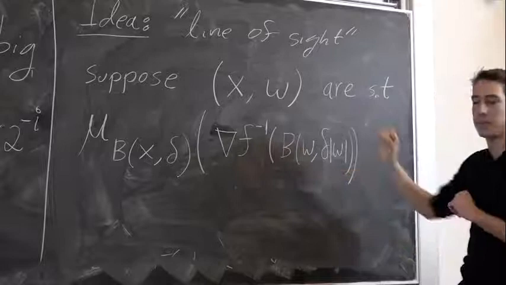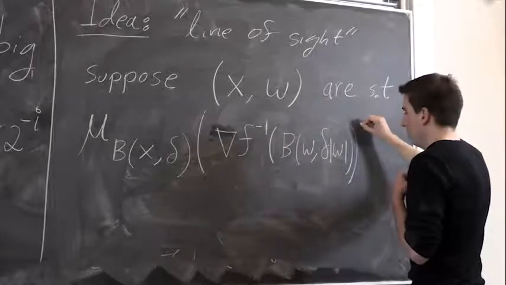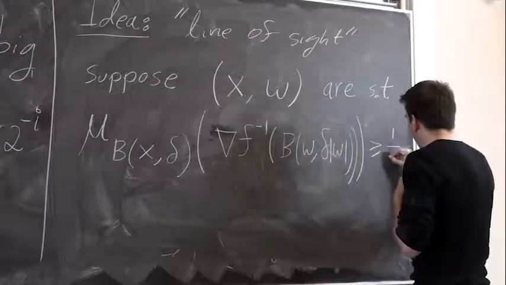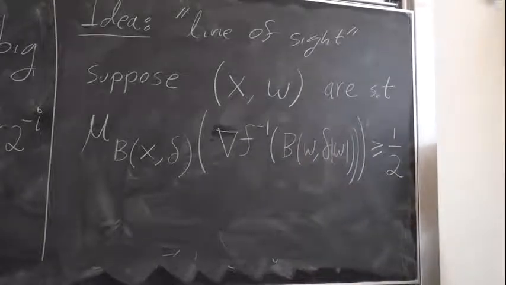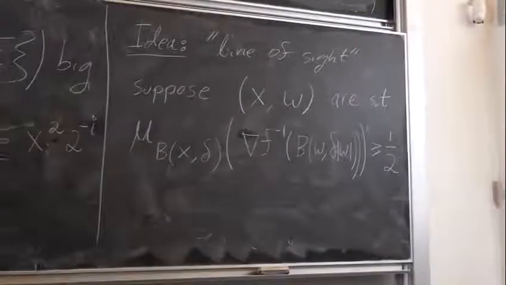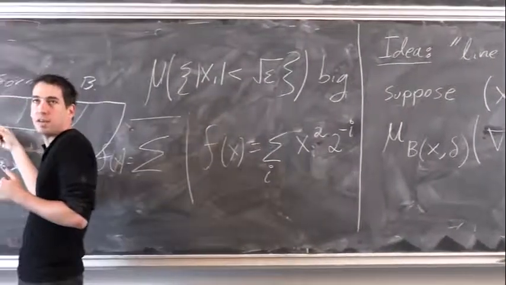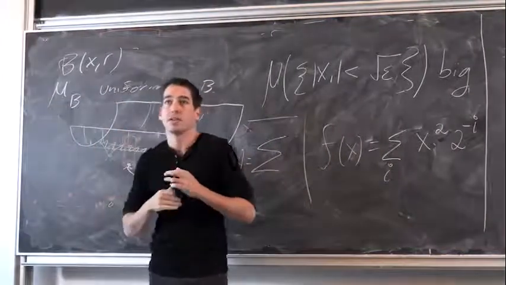We'll soon see what this means exactly. Then this measure is at least 1/2, meaning that above this point, most of the gradients of f are pointing in the same direction.